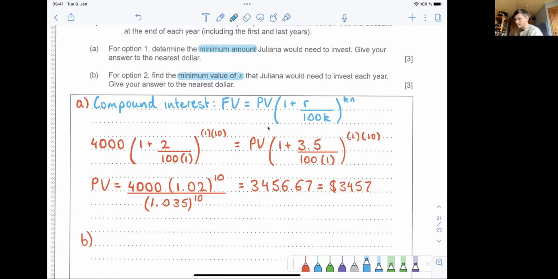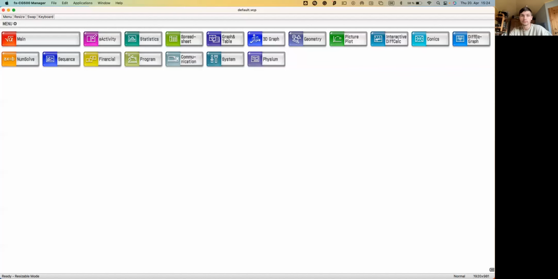They'll be similar, but the process on how to get there could be different for each calculator. So if you're unsure on how to do this in your own calculator, just follow a YouTube tutorial or Google it, and there should be something up there that should help you out. Okay, so over to the calculator.